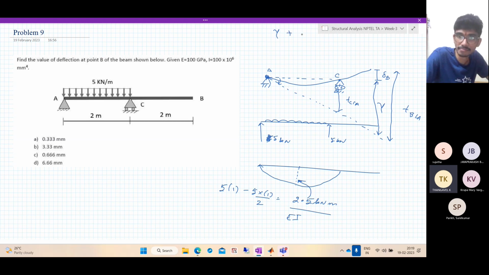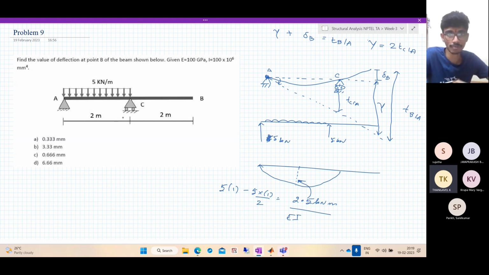So what do we know? y plus delta B is equal to TB with respect to A. But using similar triangles, you can say that y is also equal to 2TC with respect to A. Why? Because this is 2 meters, this is 4 meters. So this length is twice this length. So y should be equal to 2TC with respect to A. So what do we get?